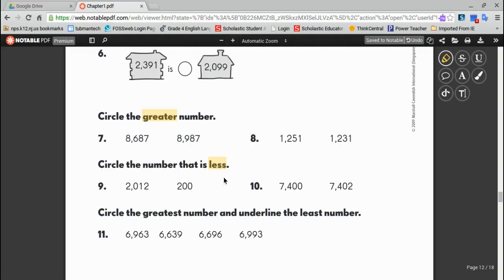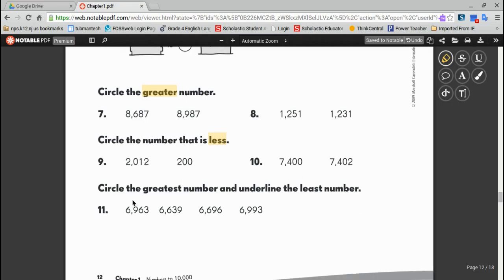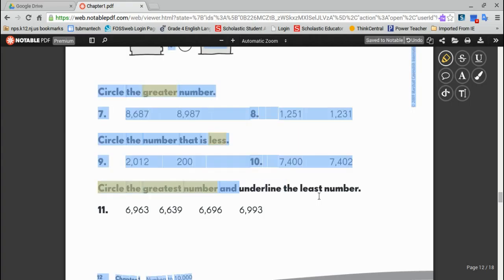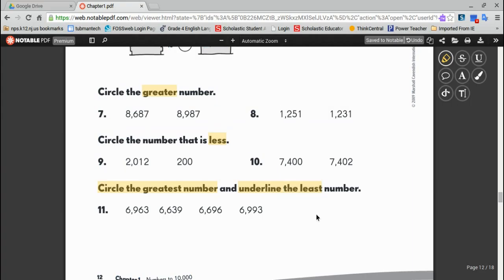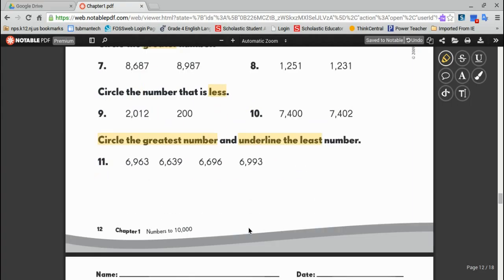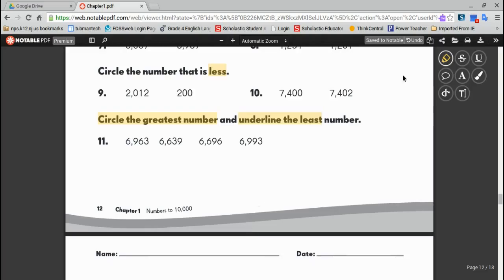So less means smaller. So again, line them up and down and find out which one's smaller, and then you can circle that one. And then number 11, you want to circle the greatest number and underline the least number. Alright, so this one's a little tricky, and we're going to do number 11 together.